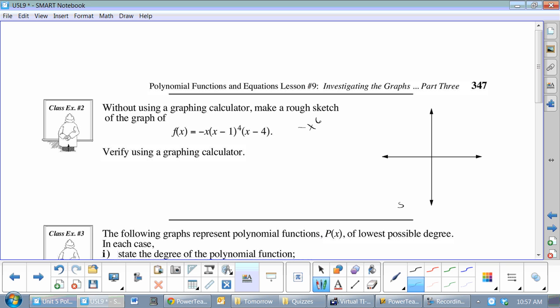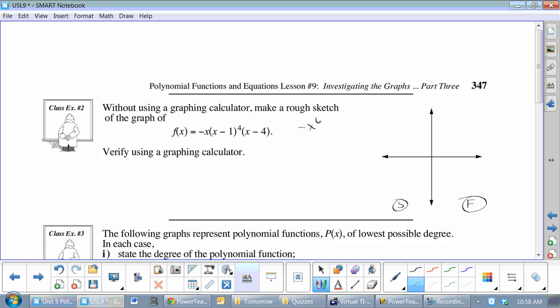Good. It'll start here, and where will it end or finish? 4. Now, what I like about something like this, they could have just said negative x, x minus b to the 4, x minus c. That's it. Asked you, which possibility could this graph be? And they're going to have 4 graphs there.